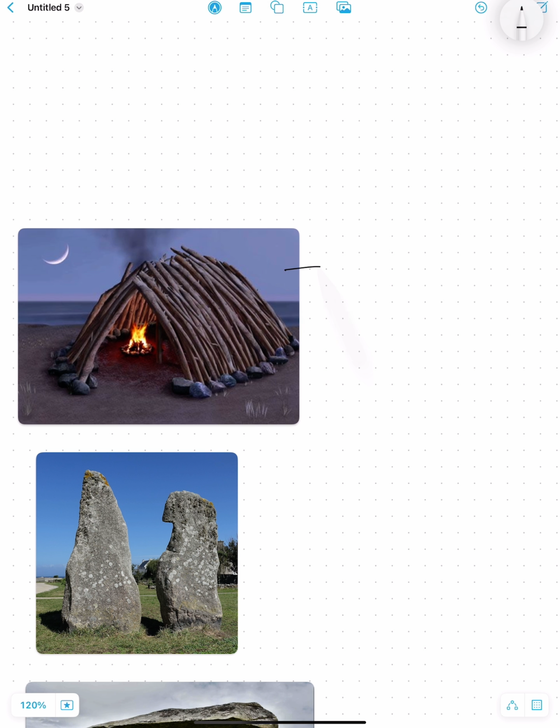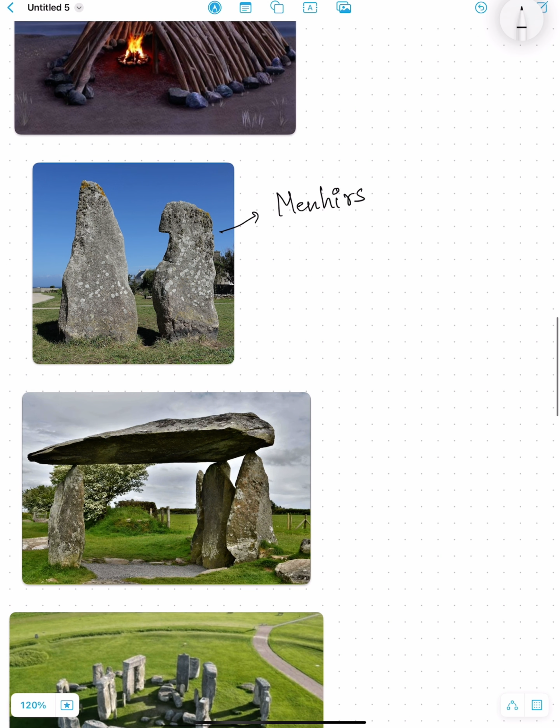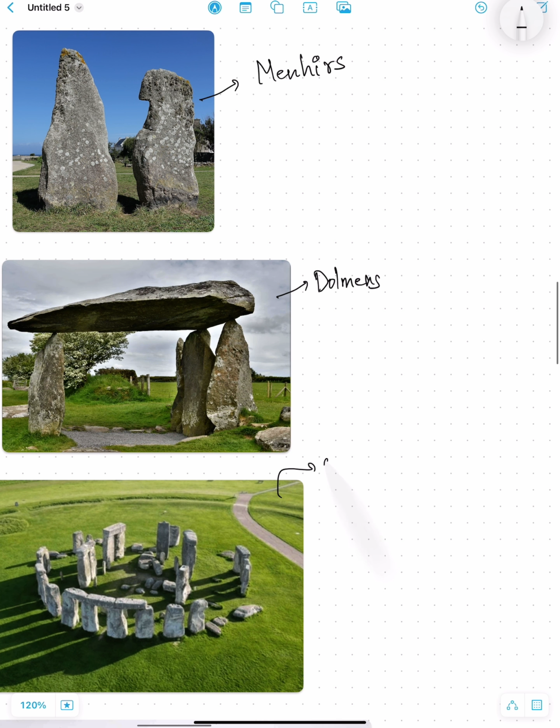This is Terra Amata. This is menhirs, dolmens, and Stonehenges.